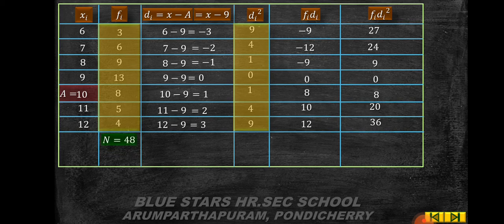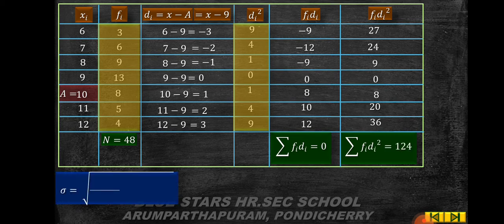So capital N is equal to 48. Summation Fi di is equal to 0. Summation Fi di square is equal to 124.